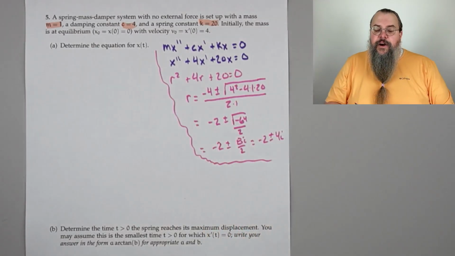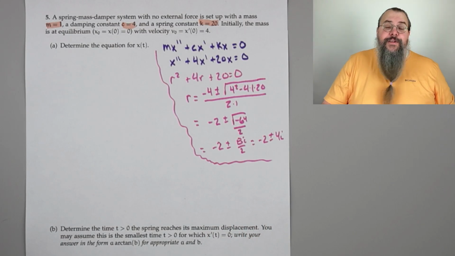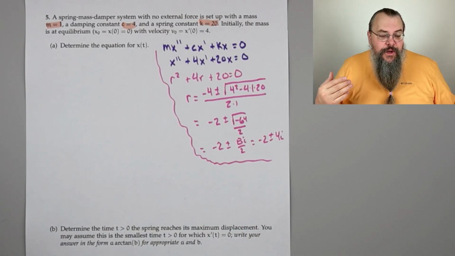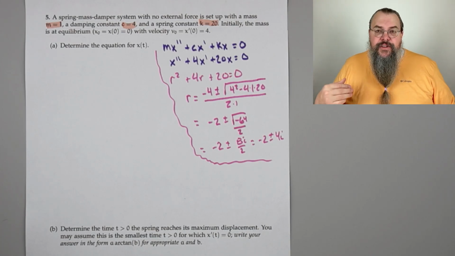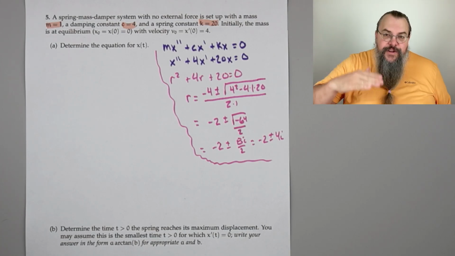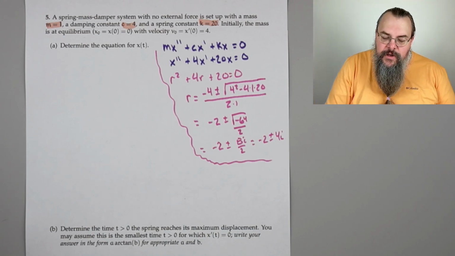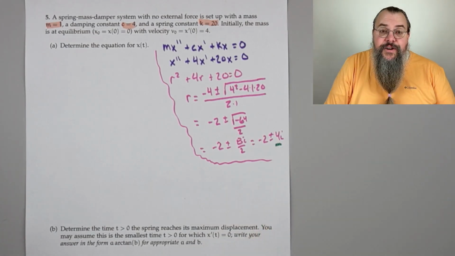All right. Good. Now, what does this tell us? Well, complex roots says you're going to have sines and cosines. Not too surprising with springs. With springs, you kind of anticipate that there will be some sines and cosines involved because springs tend to look like sines and cosines as they go up and down. And so, remember, the complex part, that's what goes into the sine and the cosine.